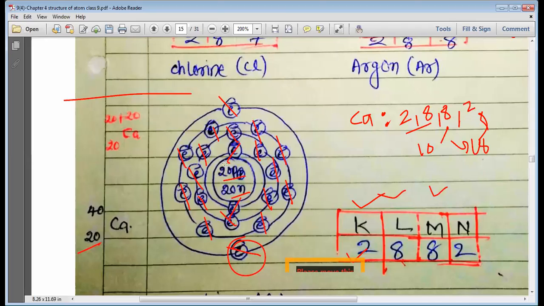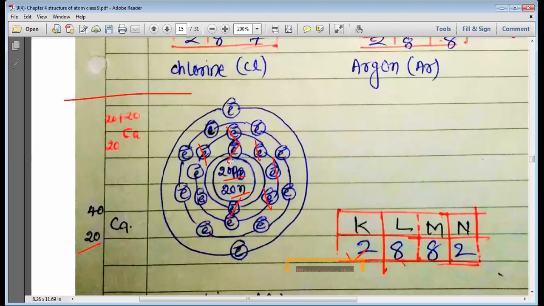And when you want to determine the atomic number, my dear students, you just take the protons. So your Z, which is atomic number, is equal to number of protons, which is equal to 20, and atomic mass number A is equal to the number of protons plus number of neutrons.